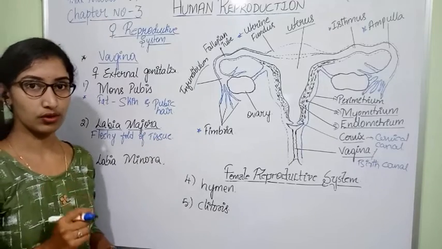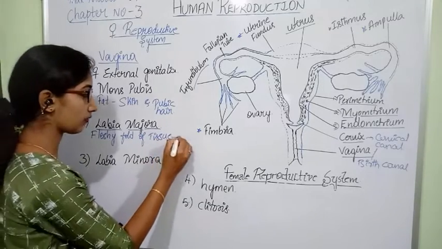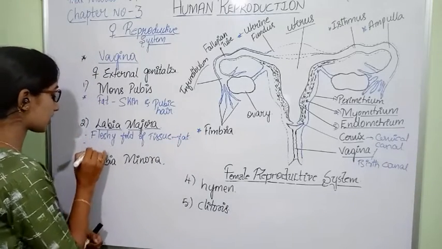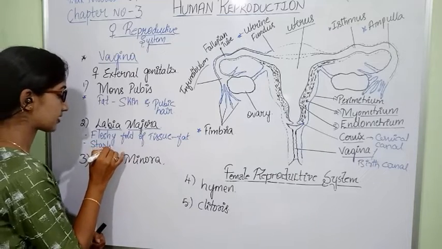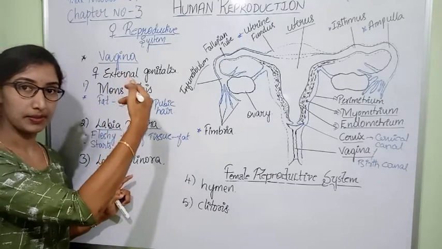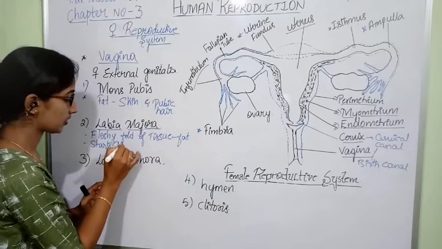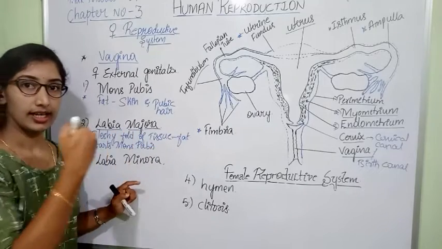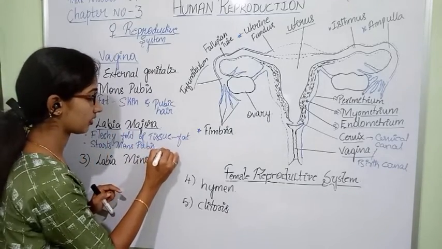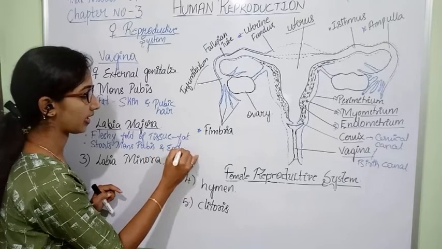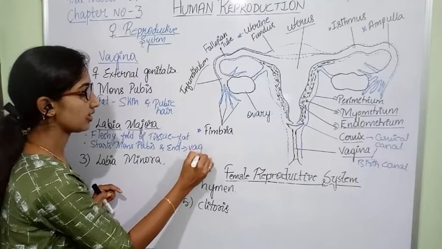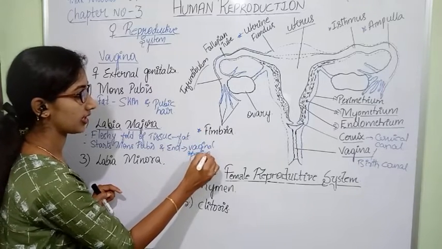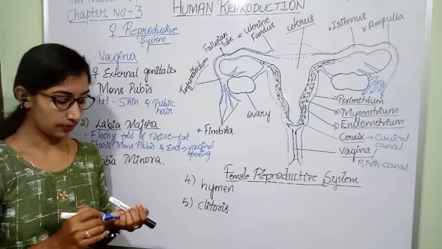It is a fleshy fold of tissue which is made up of fat, and it begins from the mons pubis and ends at the vaginal opening.